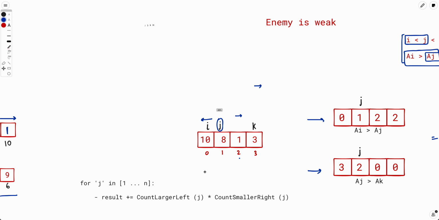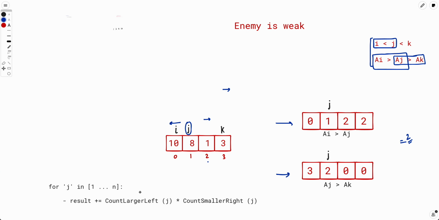So we can simply maintain two segment trees, one which will help us find this, and second which will help us find this. Once we get these two arrays, we can simply multiply each of these positions and get the answer, right?